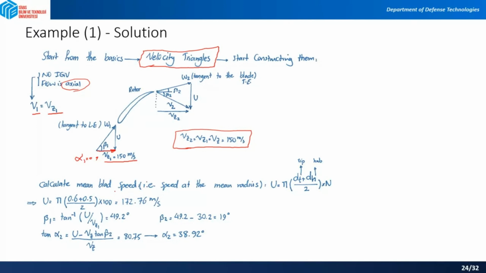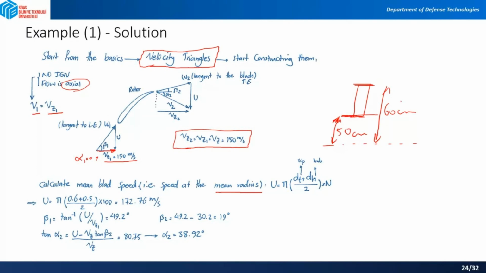So the mean blade speed, which is the speed at the mean radius. What does mean radius mean? If this is the center line, this is 50 cm and this is 60 cm, right? The hub and the tip. This is the hub and this is the tip of the blade.